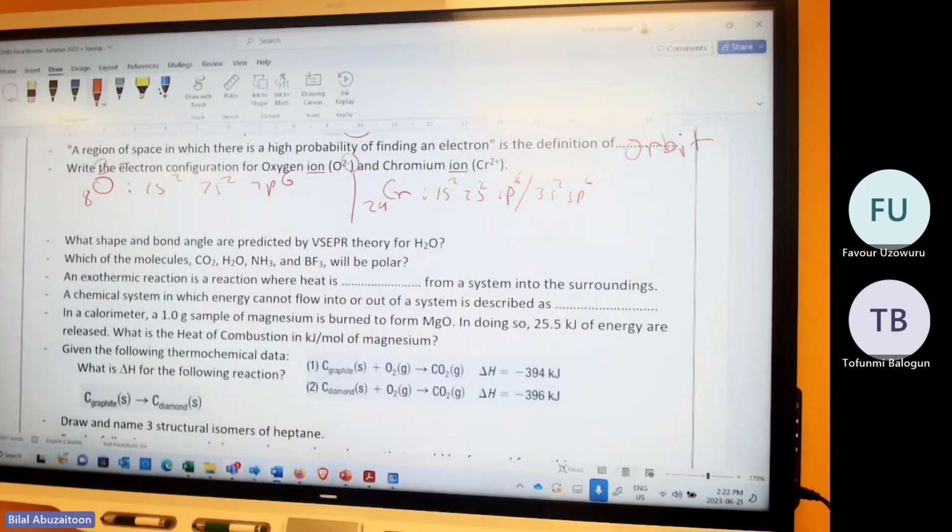3p6, 4s2, 3d4, right? 3d4, for now. Now chromium, what's special about chromium? Cancel one.